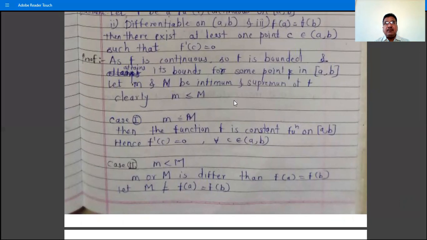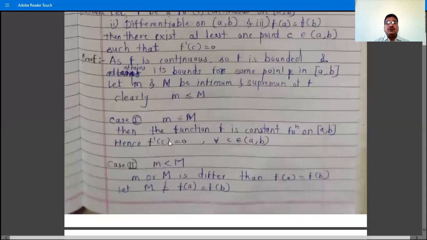That is, the images of all elements are not the same. So when all images are the same, the function is a constant function, and small m and capital M are the same.